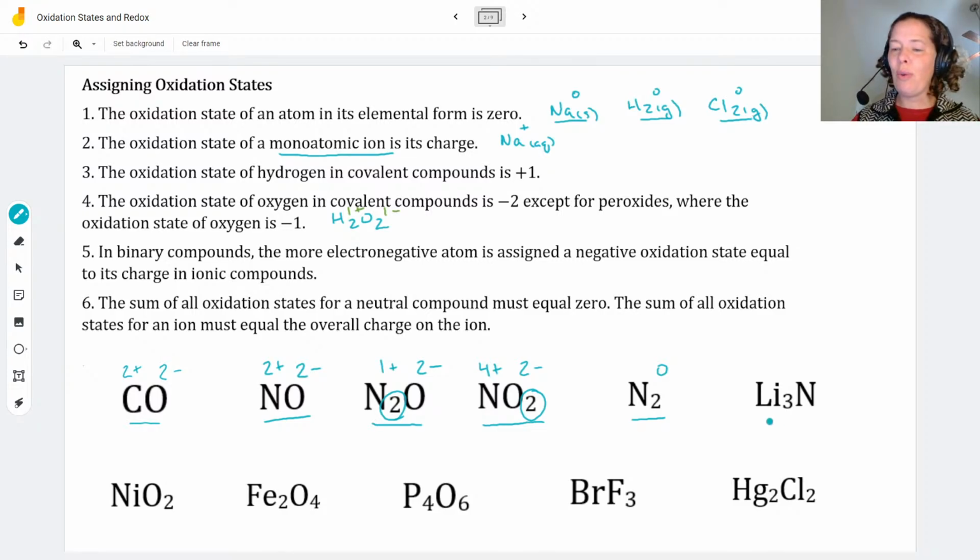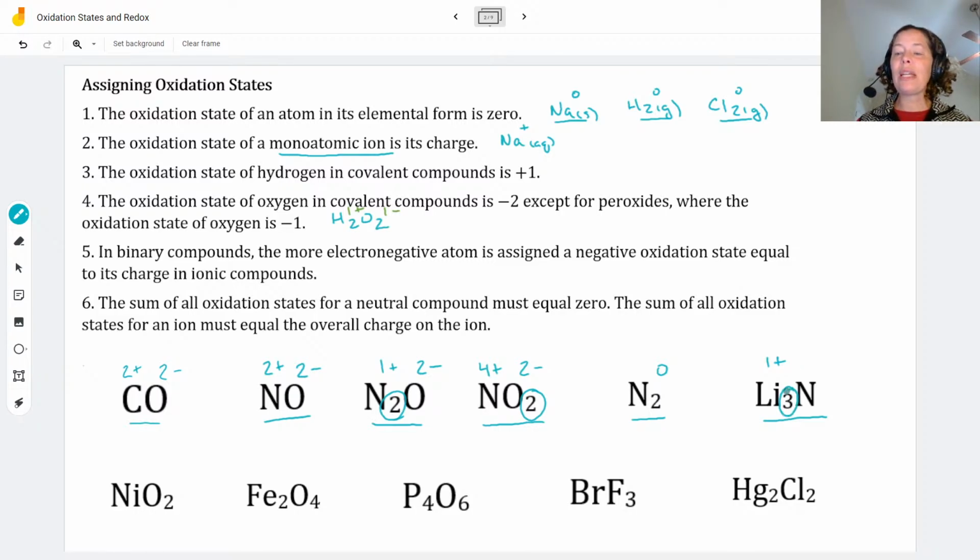Okay, we're going to do more nitrogen compounds, but in this row at least, let's do one more nitrogen compound. This is an ionic compound. What we've got here is 2 monoatomic ions, lithium and nitrogen. Lithium, when it is an ion, has a charge of +1, so in this case its oxidation state is its charge.